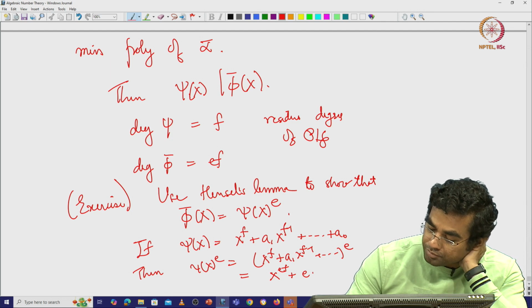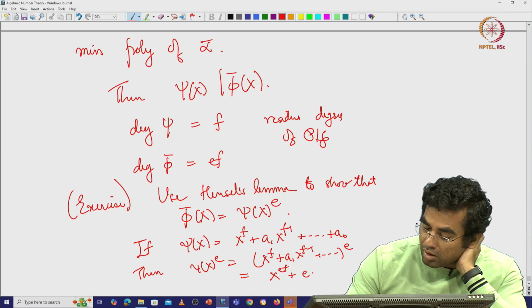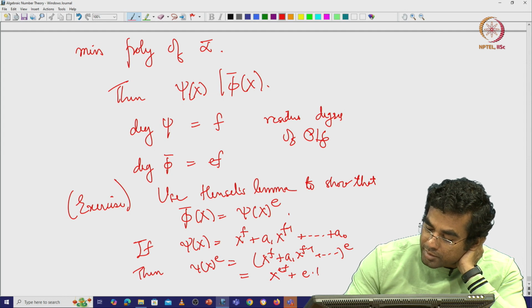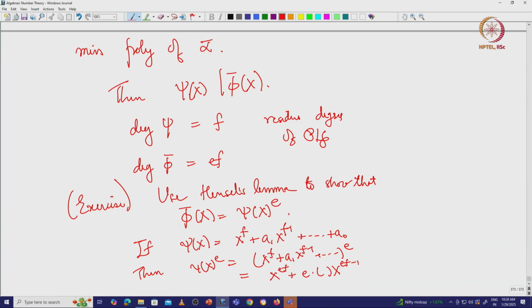I mean it's a multinomial coefficient, so there will be some stuff here and then x to the power ef minus 1, and basically this will be a summation of things.